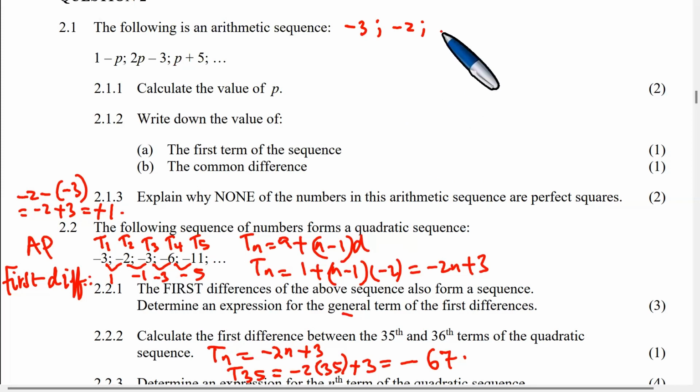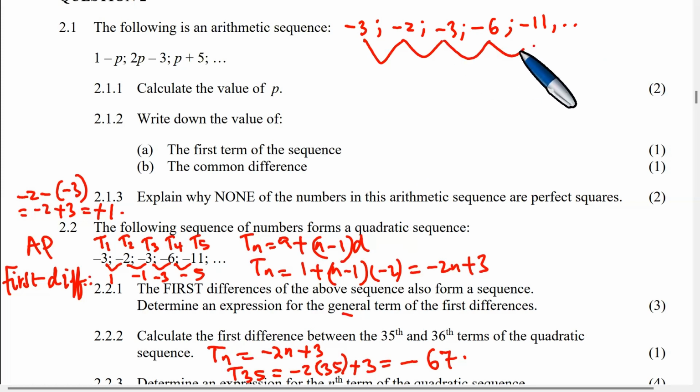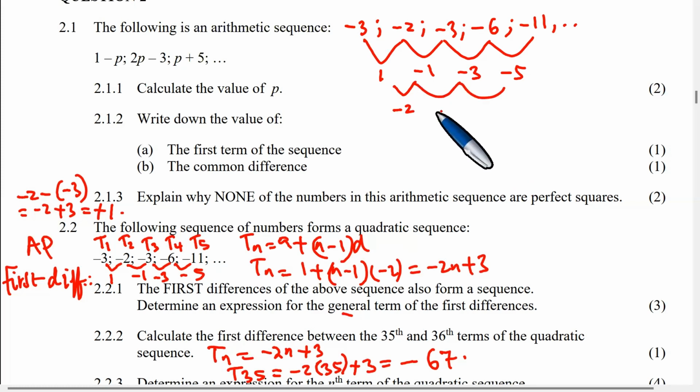Then minus 3, minus 6, minus 11, and so on. Let's get the first differences. We've already got them: 1, minus 1, minus 3, minus 5. Then we get the second differences. This one and this one is minus 2. This one and this one is minus 2. This one and this one is minus 2.